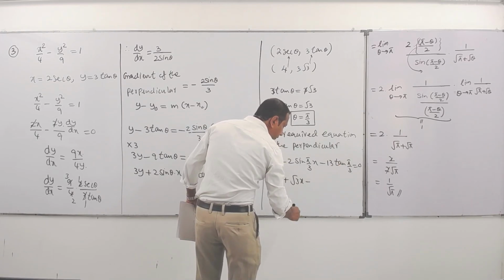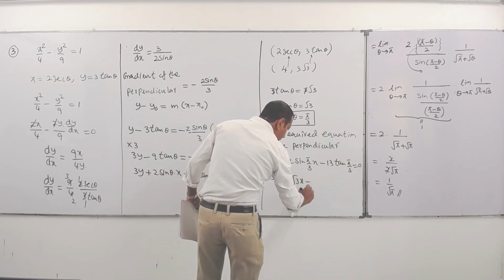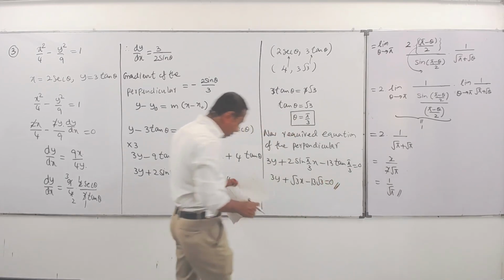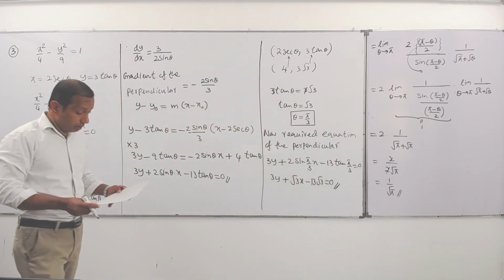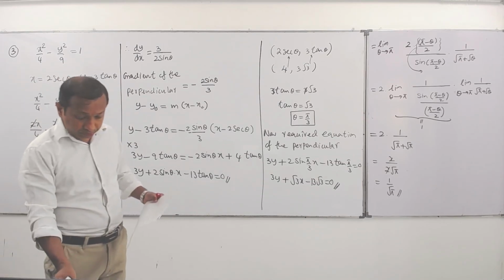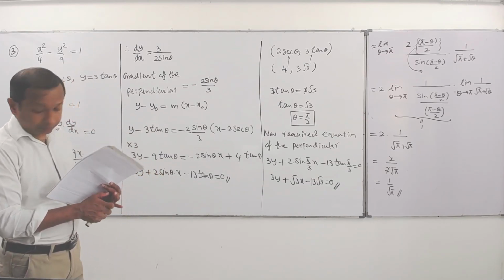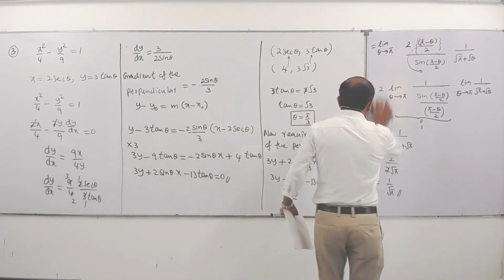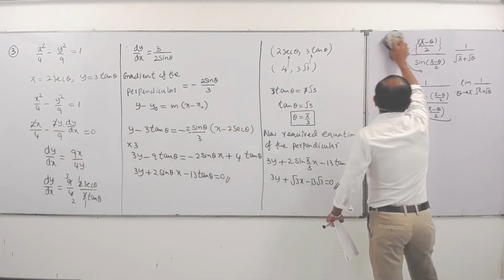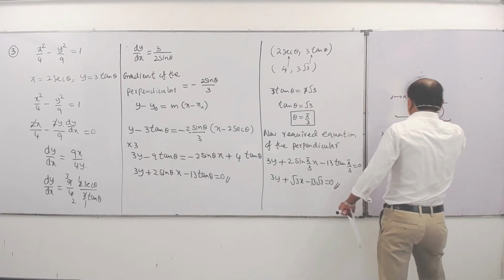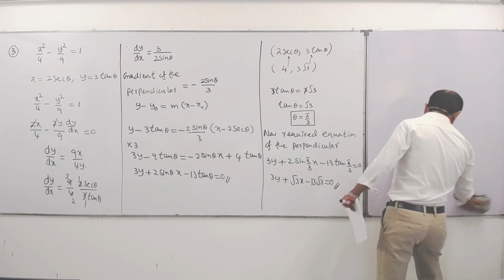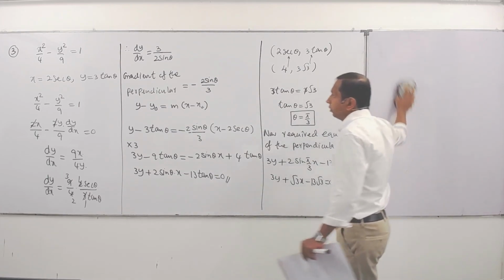Tan pi by 3 is tan 60, root 3. 13 root 3 equals 0. This way you can take that equation. Right, number 3, we finish this way.